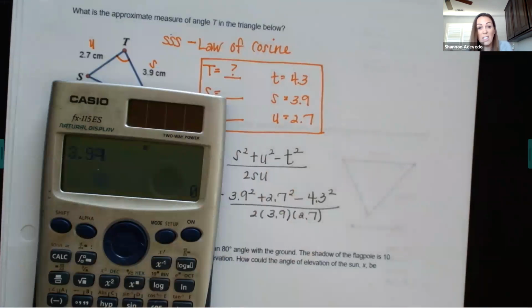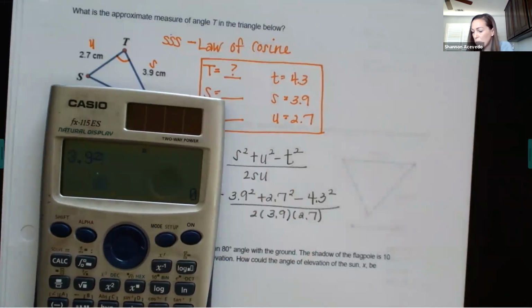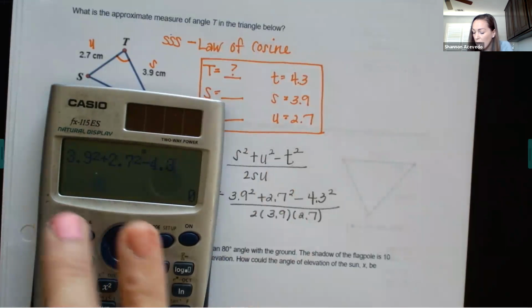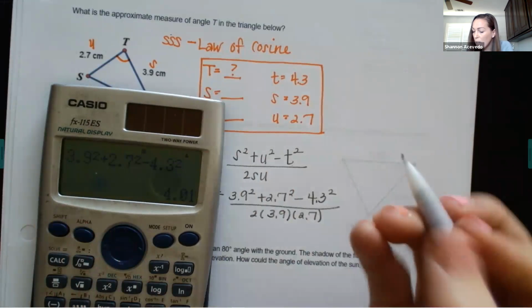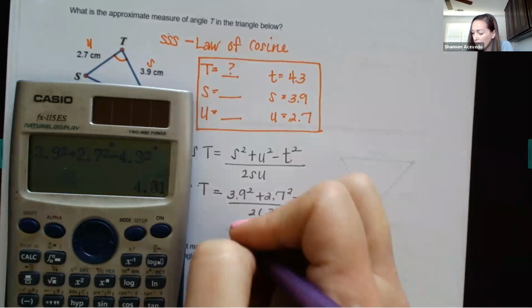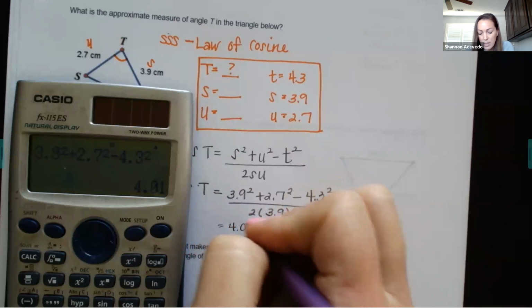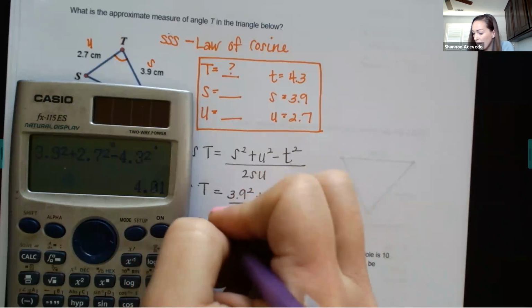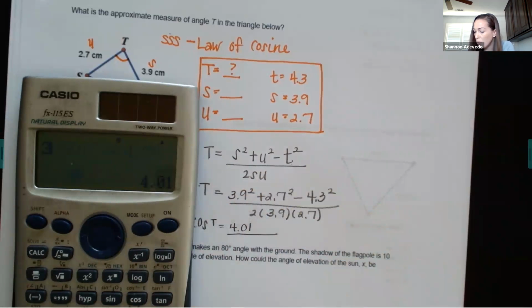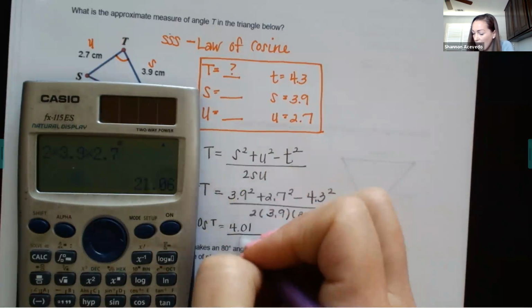I do the numerator and the denominator separately. So 3.9 squared plus 2.7 squared minus 4.3 squared is going to equal 4.01, all over. And then I would do 2 times 3.9 times 2.7, and it's going to be 21.06.